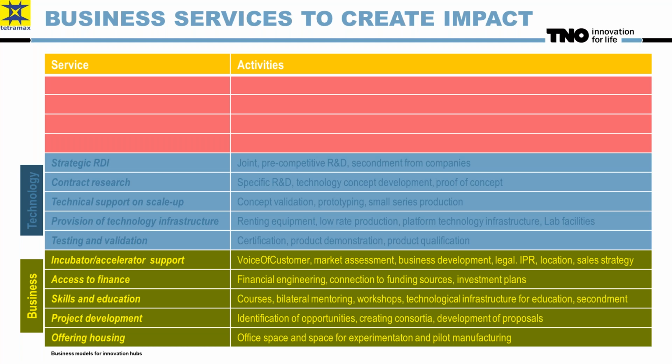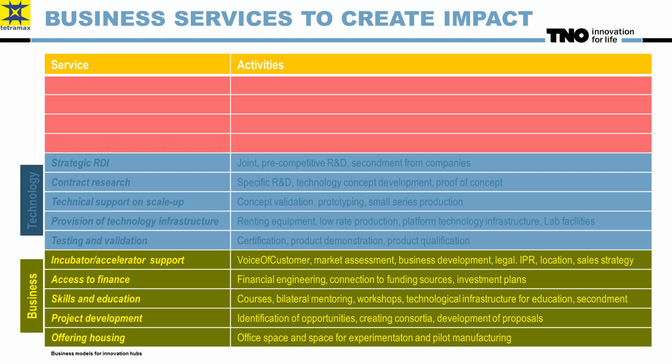Skills and education is also very important, because what we saw is if you have a digital innovation hub and some customers are there, those customers can take back their technologies, but if they don't have any people to support the actual activities in their business, then they cannot make money out of it.